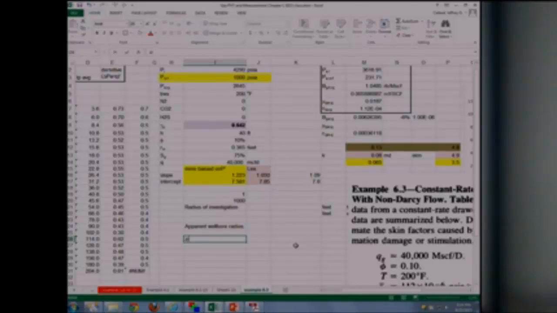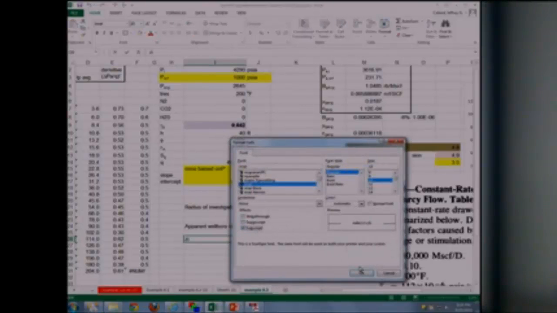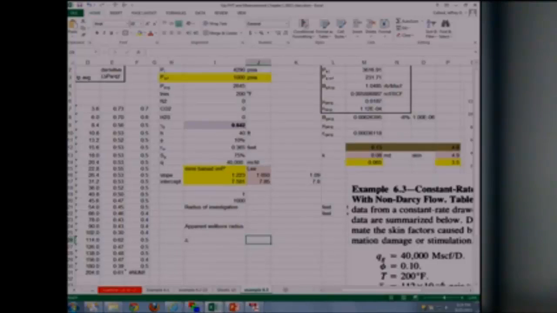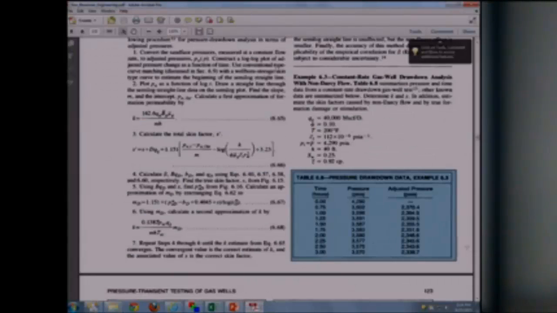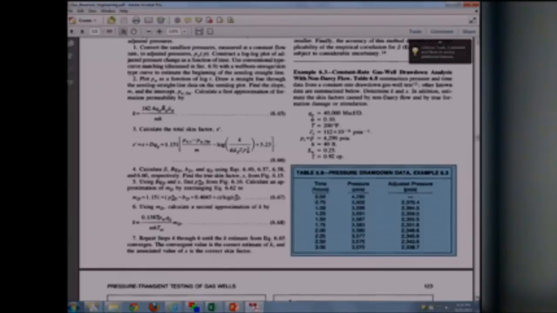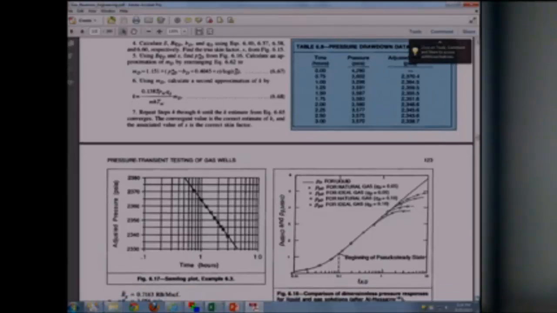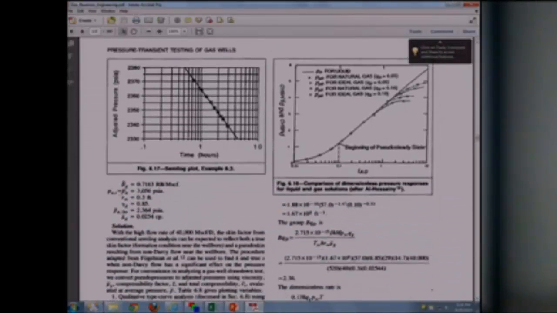ZI is 0.9. Oop. What in the world they got there? They got centipoise after Z. That's not right, but 0.92 is a typical Z value. Where's this more data? Oh, I see. B sub G, this stuff right here. Good catch.